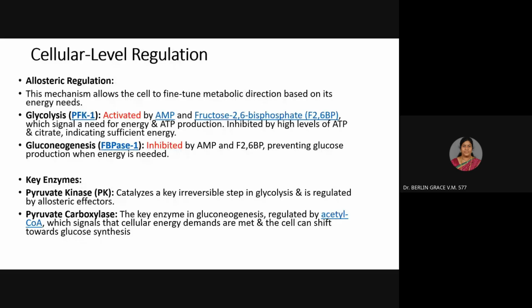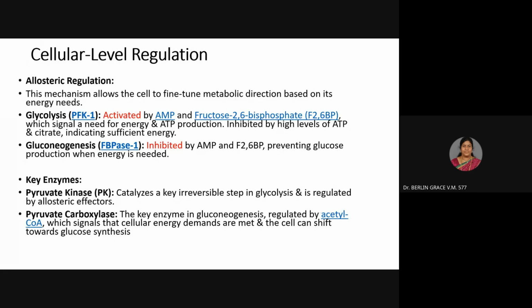At the same time, gluconeogenesis is inhibited by AMP. It is just opposite. In gluconeogenesis, mainly the enzyme fructose bisphosphatase is inhibited by AMP, and fructose 2,6-bisphosphate prevents glucose production when energy is needed. The key enzymes regulated are pyruvate kinase, and pyruvate carboxylase involved in gluconeogenesis.